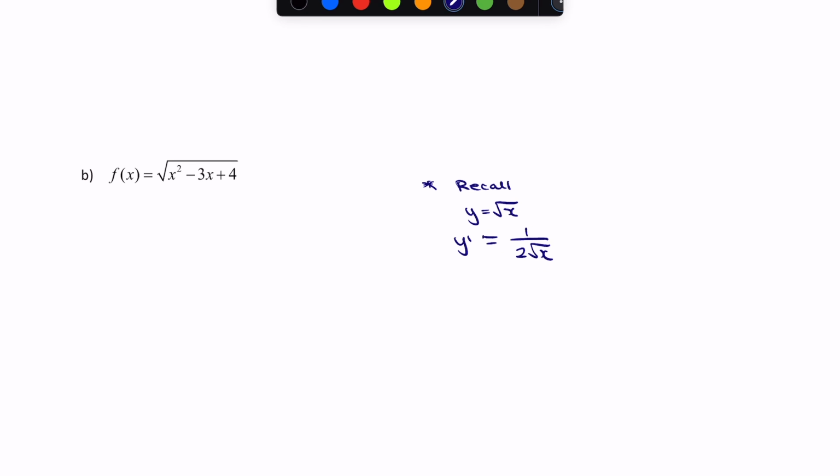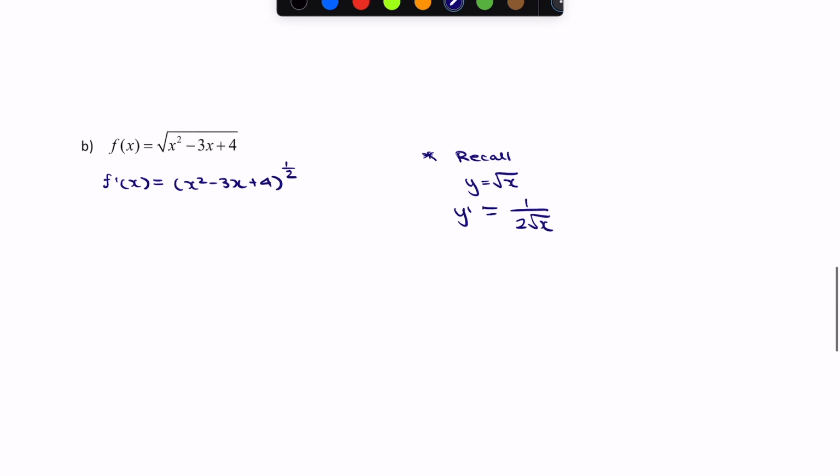So here, let's rewrite this as x² − 3x + 4 to the power of 1/2. So that's just f of x.